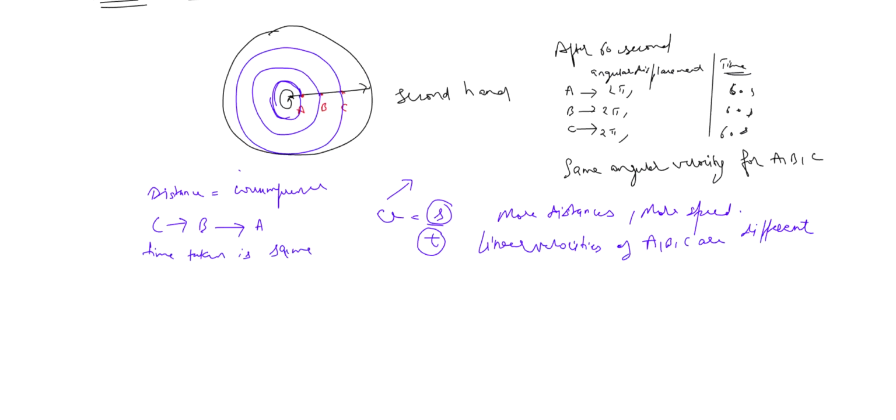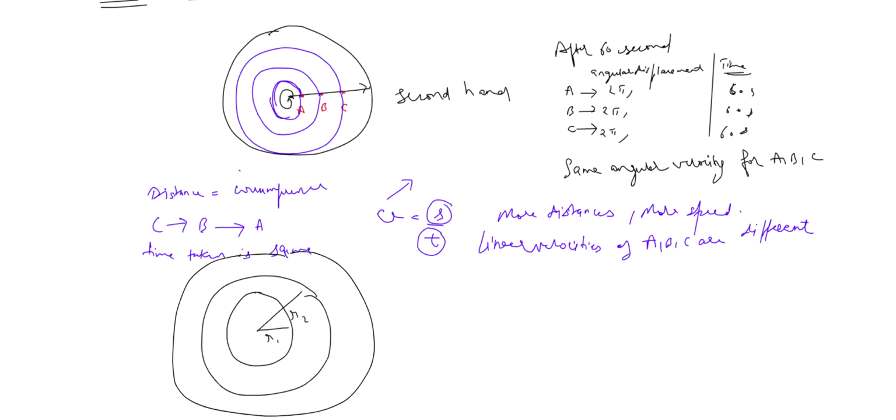Distance. Distance means we can say the radius. Let's say this is radius R1, for the second it is radius R2, and then there is one more particle, this is radius R3. So linear velocity is directly proportional to R. It is dependent on the radius.